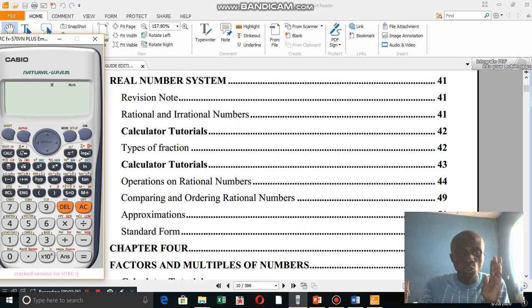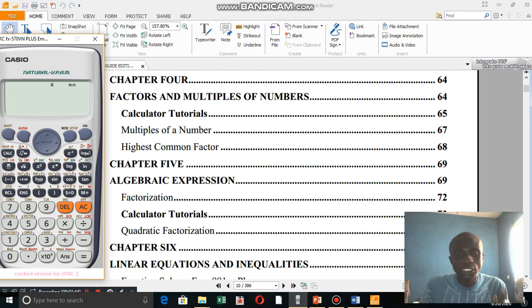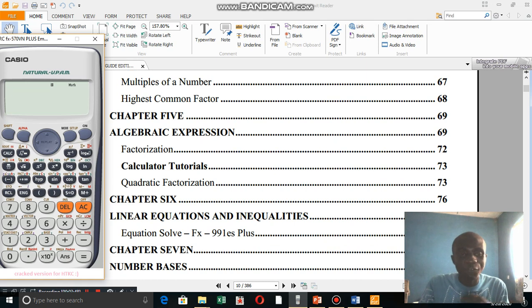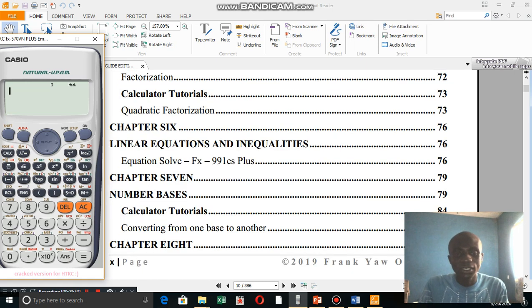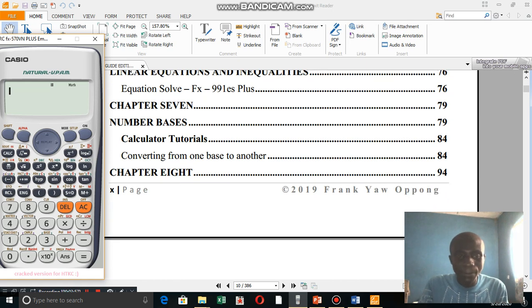It captures everything, how to use the calculator, and how to use it to solve past questions throughout the tutorials on all the chapters. Factors and multiples of numbers, algebraic expressions. The calculator can do factorization, quadratic factorization, linear equations, and inequalities. You can use the calculator to perform all these tasks.